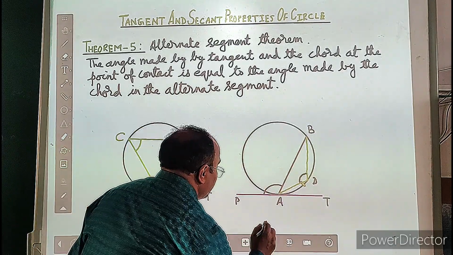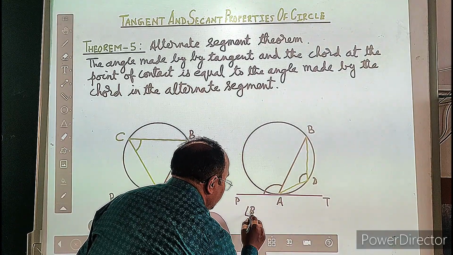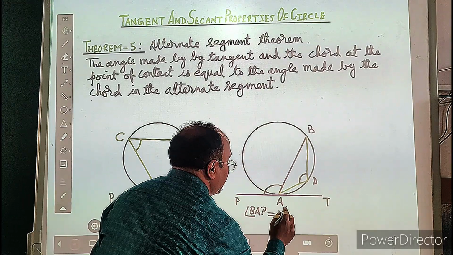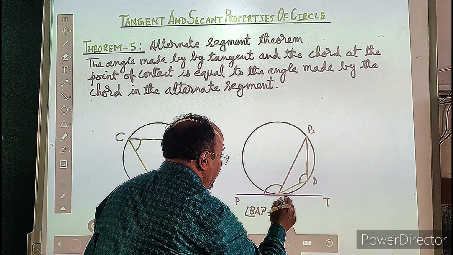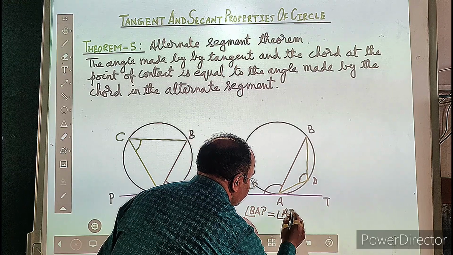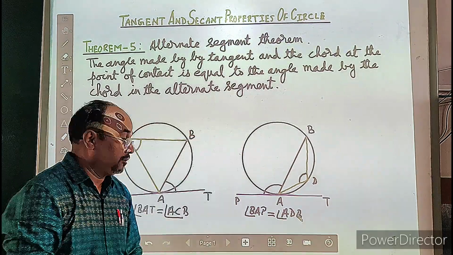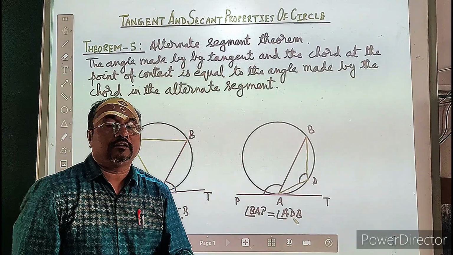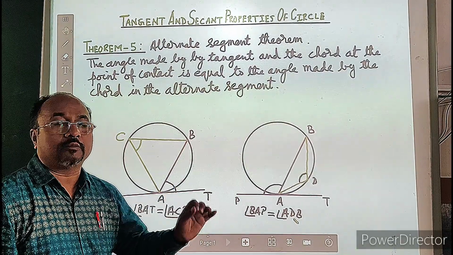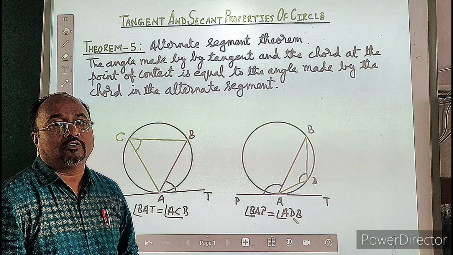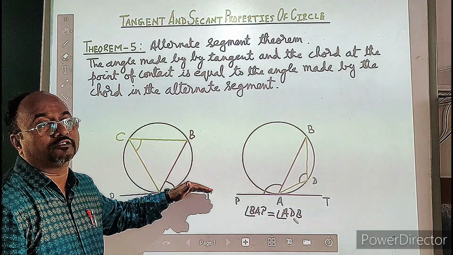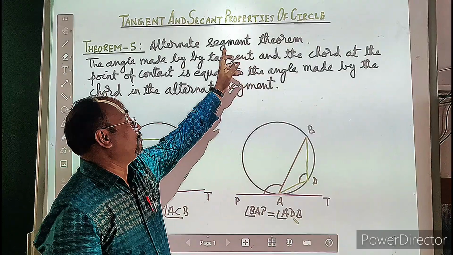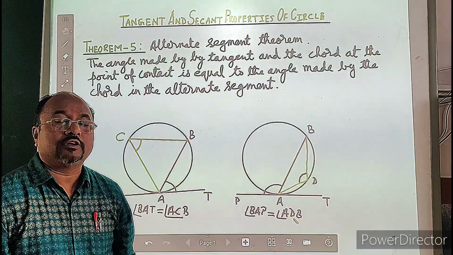So if I write according to that, it comes to angle EAP equals angle BDA or ADB. Very important theorem. Every year a question based on this theorem comes in the board examination. Okay, and when we make use of this theorem as a reason, instead of writing the entire thing, you can also write alternate segment theorem as the reason.